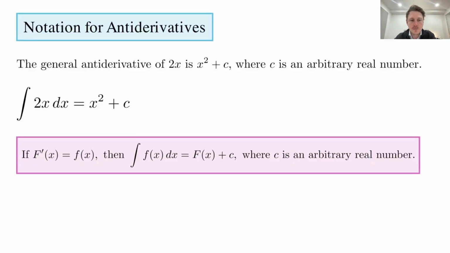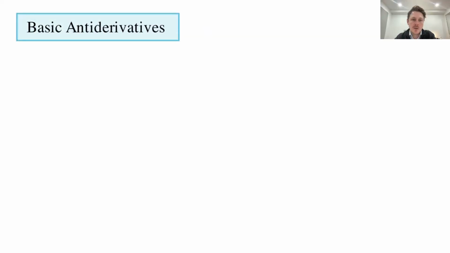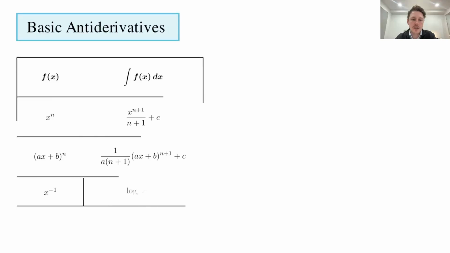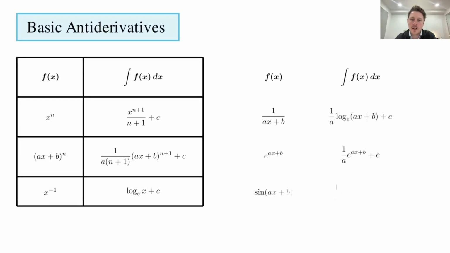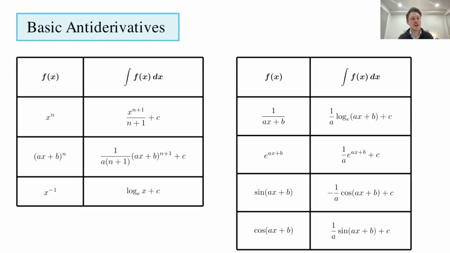If we think about some general rules now of antidifferentiation, we're just going to talk about the rules, and you could study these and think about why they're the case until the cows come home. But this is the sort of screen you might want to screenshot, because this is what will be given on formula sheets and things.